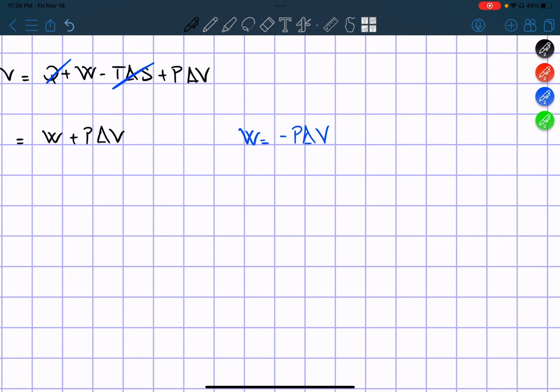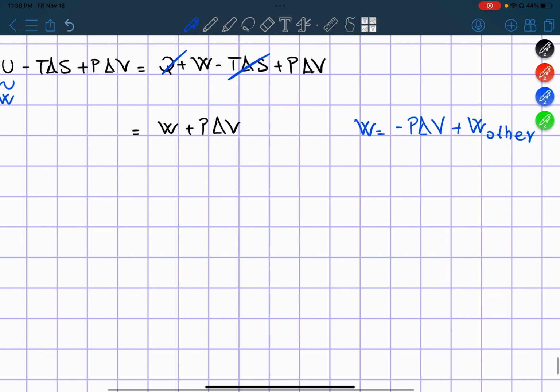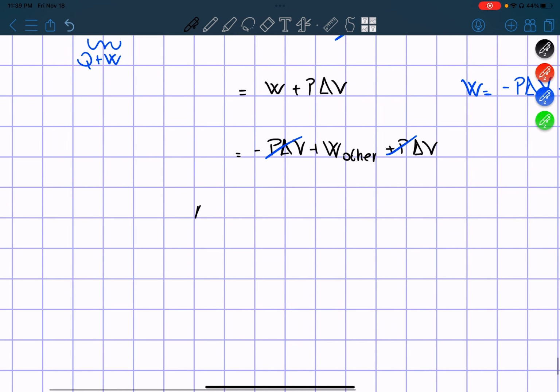Therefore, if you let it increase, we're doing negative work, plus work done by other, for example electrical work done on the system. Therefore, we substitute in here: minus P delta V plus work of other plus P delta V. So these two cancel out, and we end up having that delta G is equal to work of other.